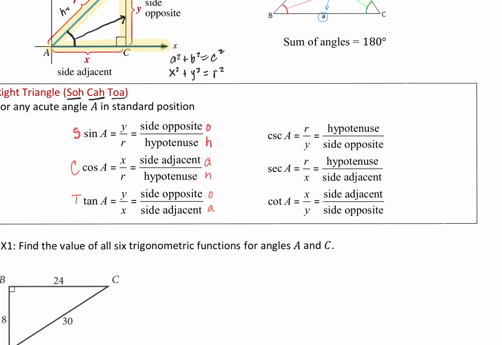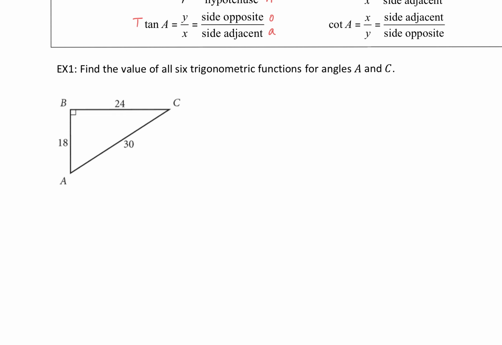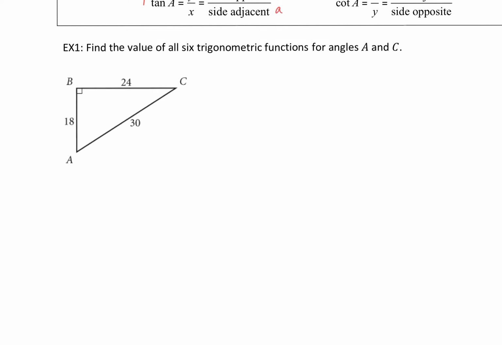In example 1, we're going to find the values of all 6 trig functions for both angles A and C. So if I look at angle A, and I'll start with sine of A, that would be the opposite side to A, which is the 24, over the hypotenuse, which is 30.